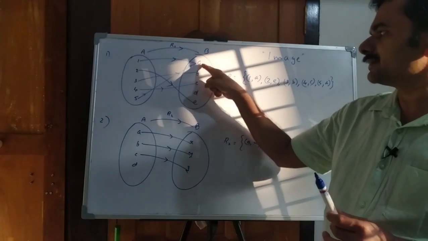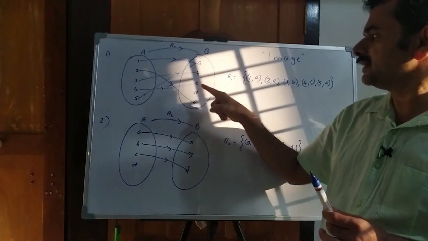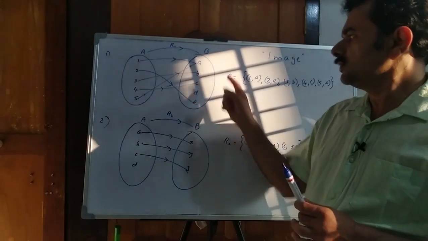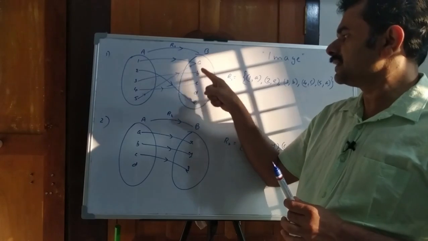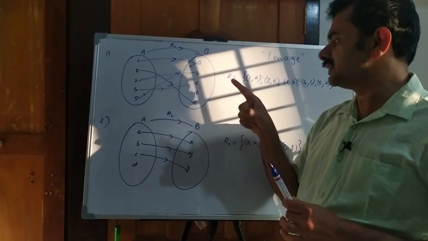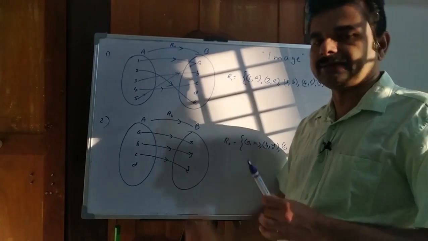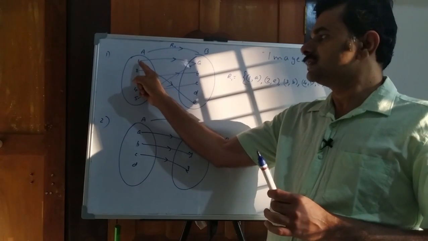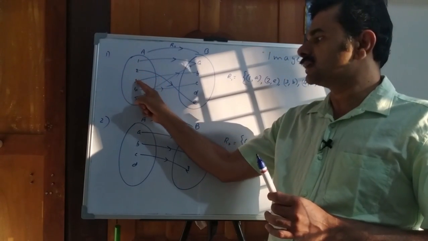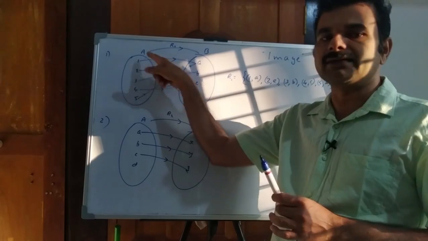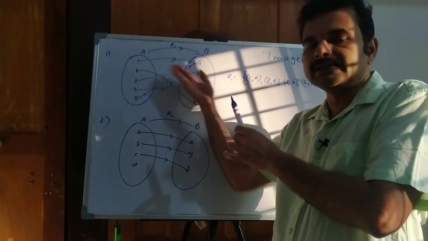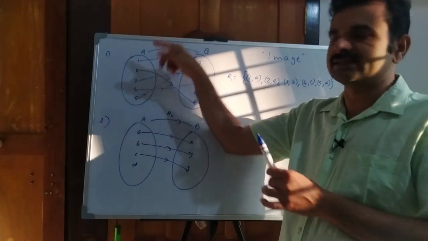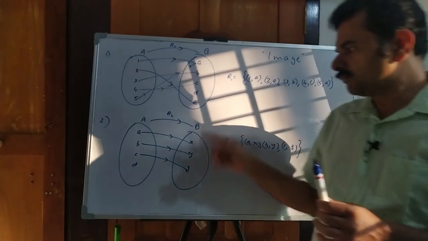Here arrow marks end at A, B, C and E. So the range of this R1 is the set A, B, C and E. The domain is the set 1, 2, 3, 4, 5, the whole set A for this question, because arrow marks start from each element of the first set, that is capital A.